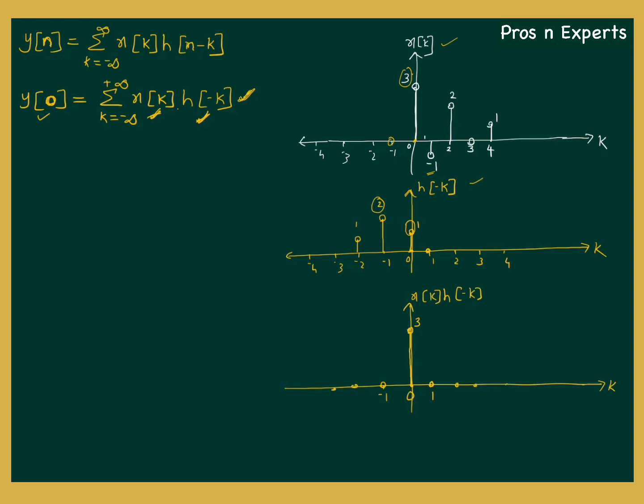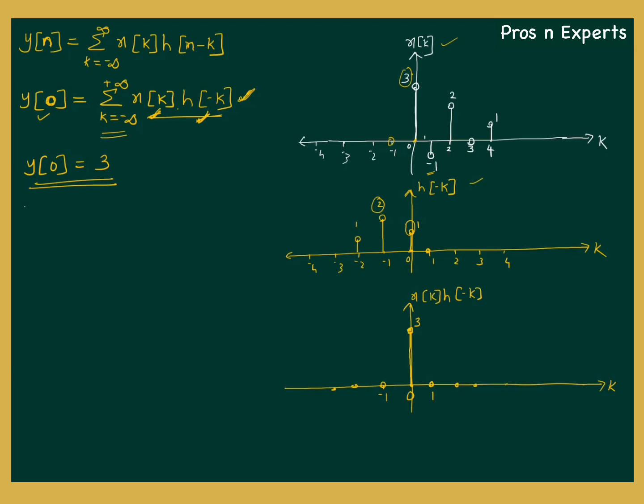Only we will get 3 here at k equal to 0. So there is x of k into h of minus k, the product. Now what we have to do is find sigma. Do we need to find any sigma here? No, because there is only a single amplitude, so we don't have to sum it with any other thing. So the answer y of 0 is equal to 3. The first sample value is 3.